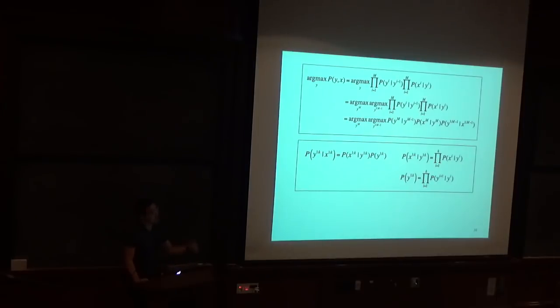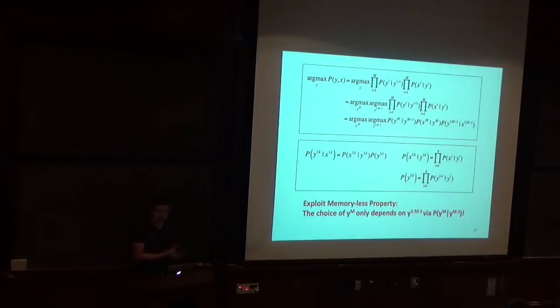And because this is a first order hidden Markov model, these are the only two terms that depend on y_m. Again, I have not changed the optimization problem at all. I've simply rewritten things in a way that's going to become very convenient to us computationally very soon.